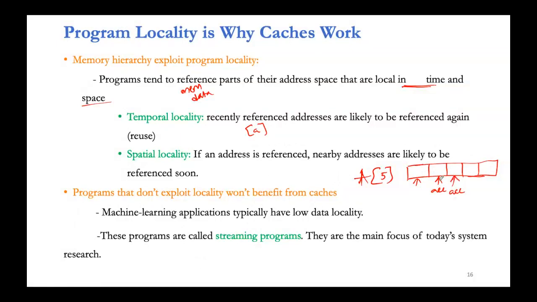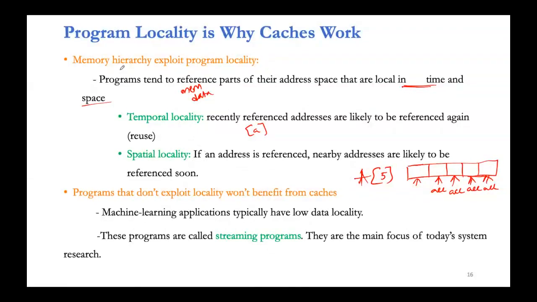When the second element is accessed and used, it will assume the third element will also be accessed. Similarly, when the third is accessed, the fourth will also be accessed. So if an address is referenced, nearby addresses are also likely to be referenced soon. This we call spatial locality.